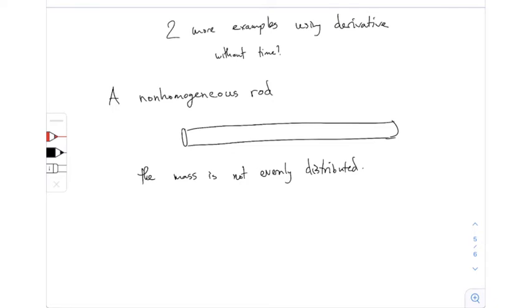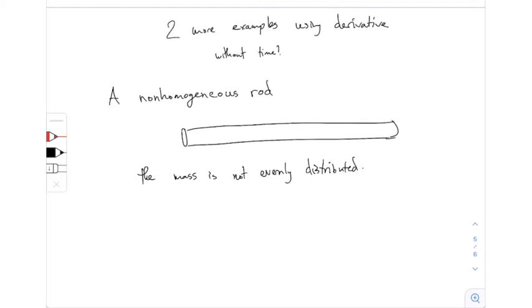How could we describe such a rod? If it's unevenly distributed, then how can you be specific about how the weight is distributed? If not evenly, how exactly is the weight distributed? You could say something informally like, well, maybe it's heavier on the left or heavier on the right.